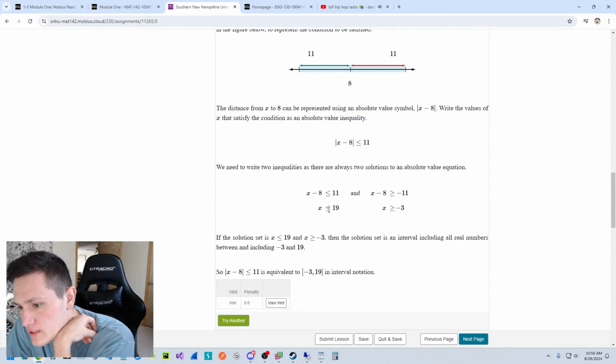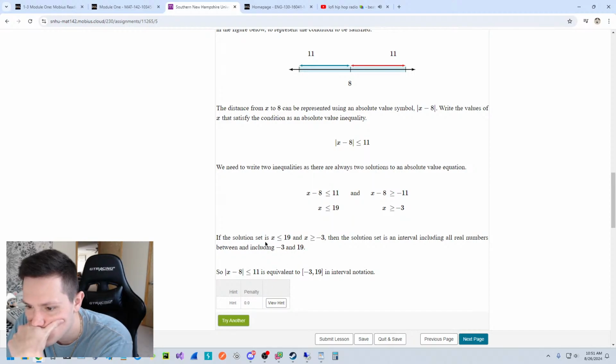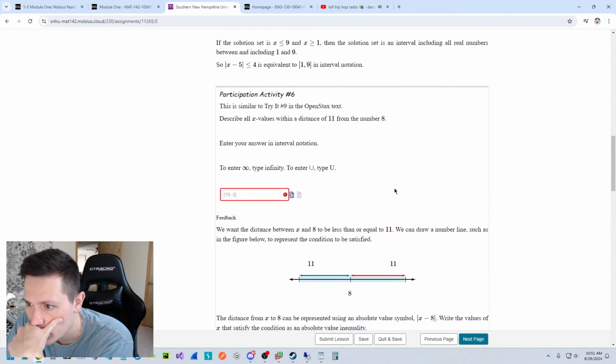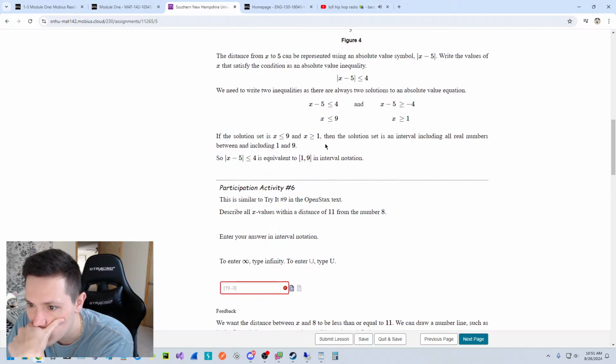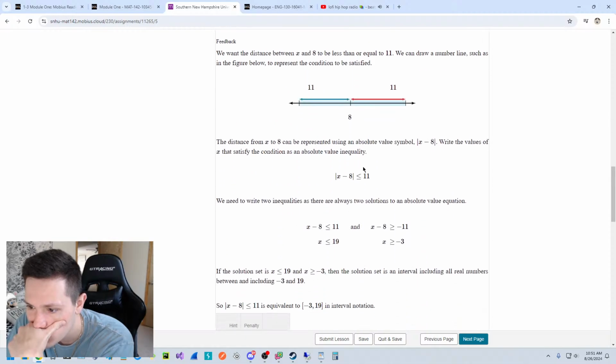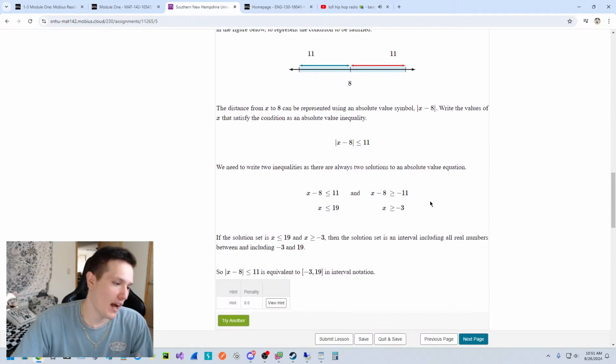So x is less than or equal to 19. x is greater than or equal to negative 3. Wait, do we have to flip? So these just need to be flipped? Okay, I see why.